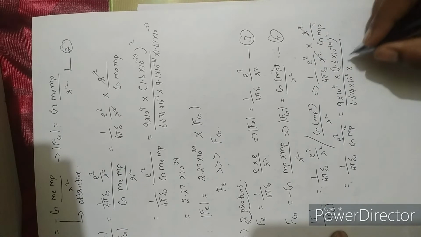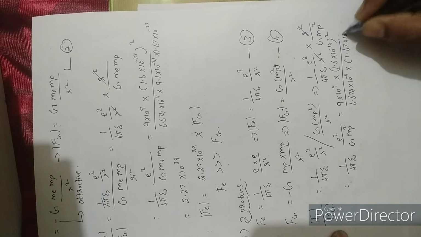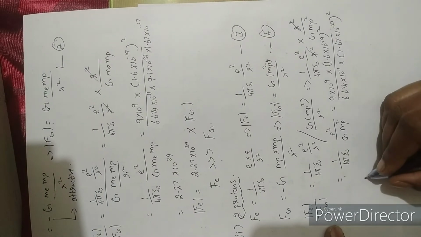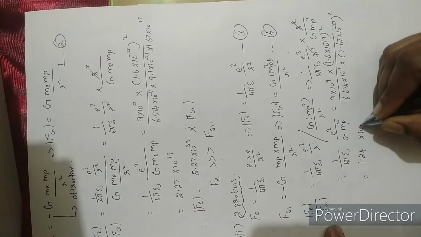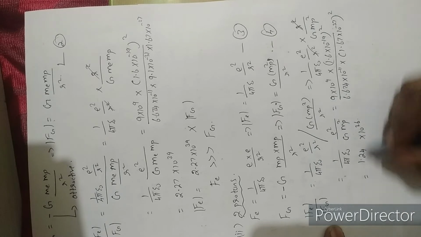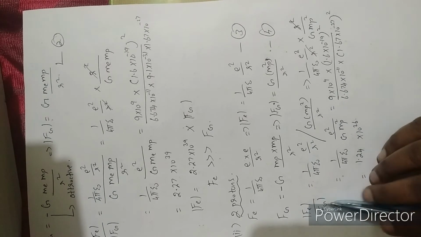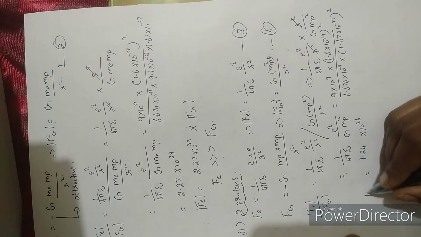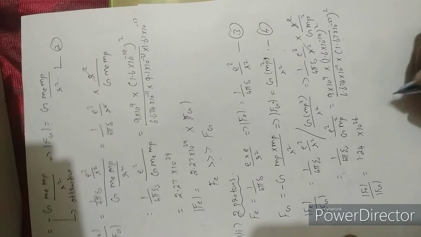Mass of the proton, we know it to be equal to 1.67 into 10 to the power of minus 27, the whole square. Now, substitute everything. You will find this ratio to be equal to 1.24 into 10 to the power of 36. Okay, right? Again, no unit because numerator also Newton, denominator also Newton. Newton will cancel off, right? So, magnitude of Fe divided by magnitude of Fg is equal to this much.